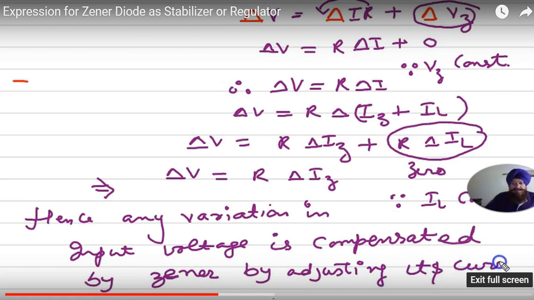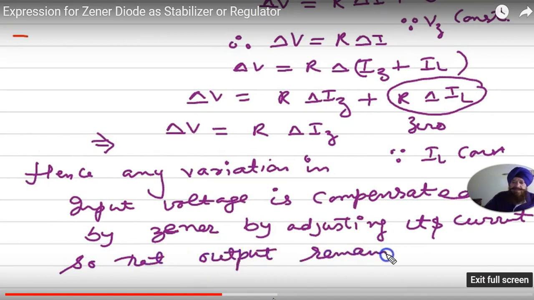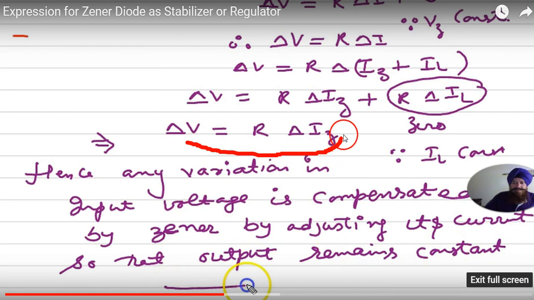It adjusts the current passing through it so that the output remains constant. So this is our second part, how the output remains constant if there is a change in the input voltage, because the Zener current compensates the variation in the input voltage.